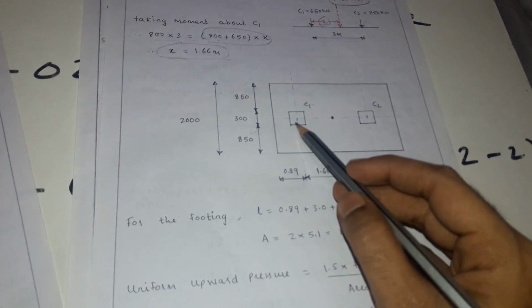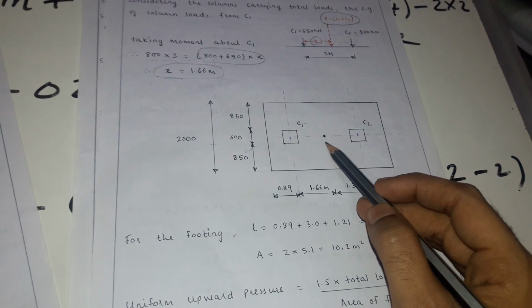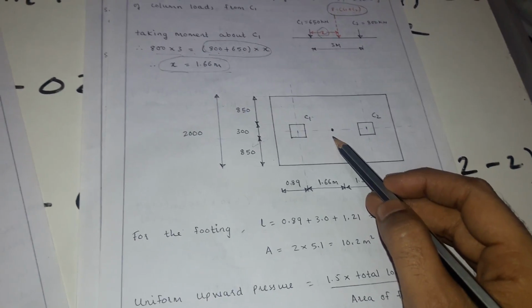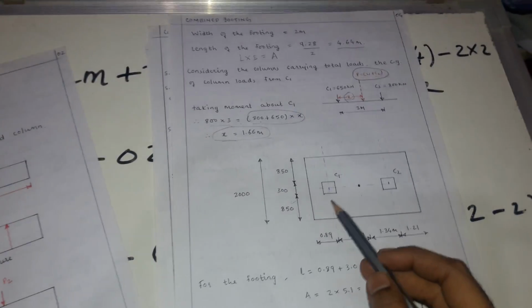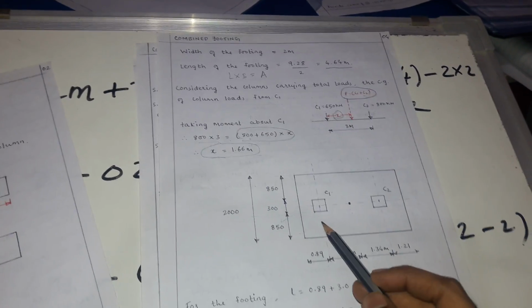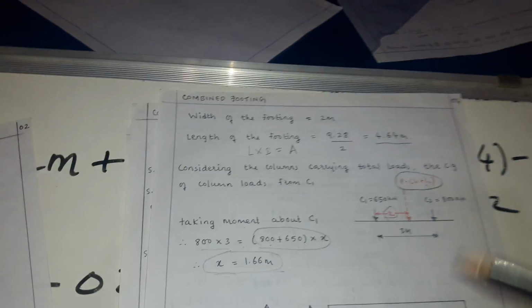So you can see here this distance is the CG of the footing, and at this point the load is acting. This distance is 1.66 meter we have calculated, and you can increase the length a little bit. The minimum required length is 4.64.